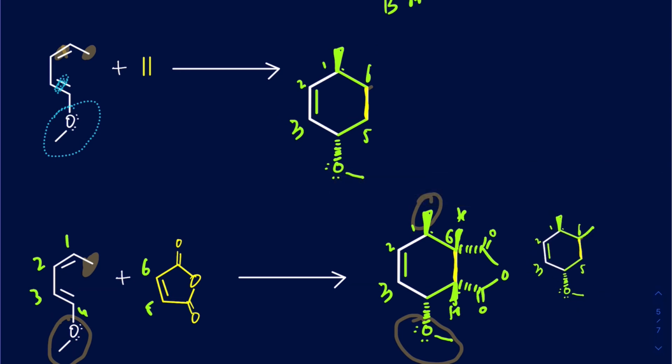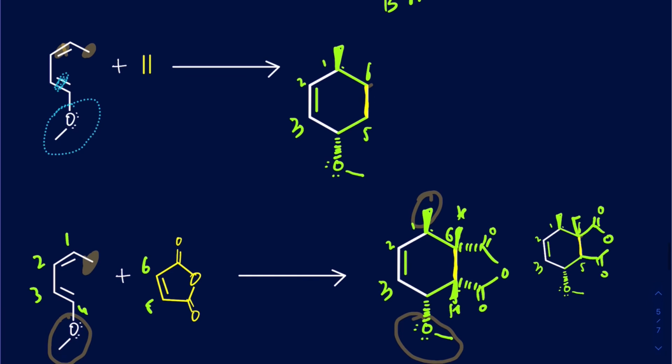I can go ahead and just draw them in the plane like this and just show those better. I know at 5 and 6 these hydrogens will be coming out of the page. So I can have the hydrogens coming out of the page, and that automatically tells you that these carbonyl groups will be going back into the page. So that's another way of drawing this, but either way would be fine.